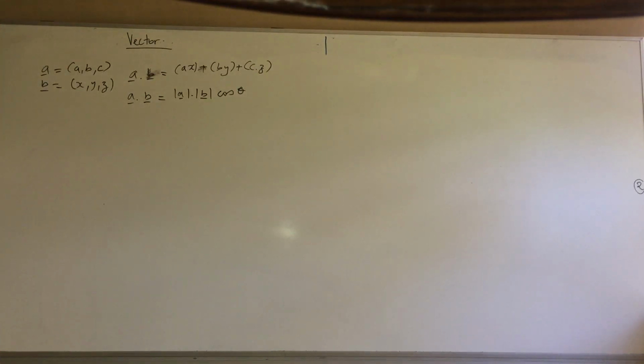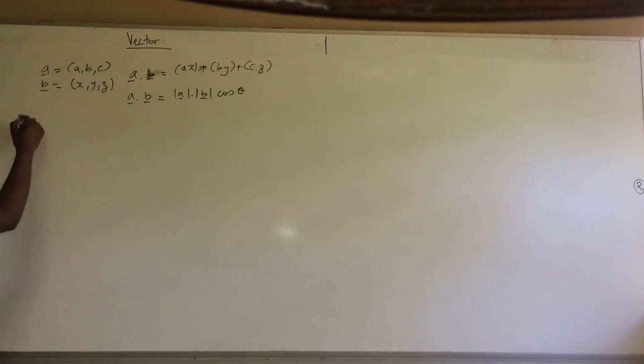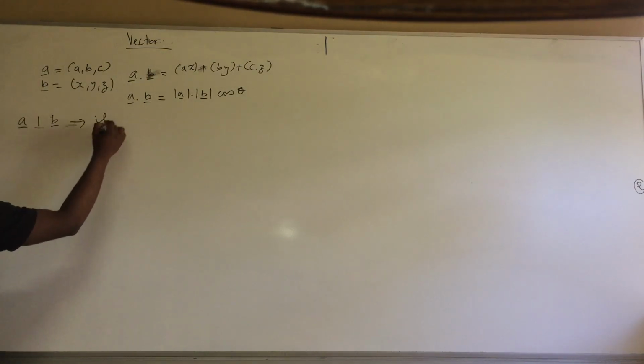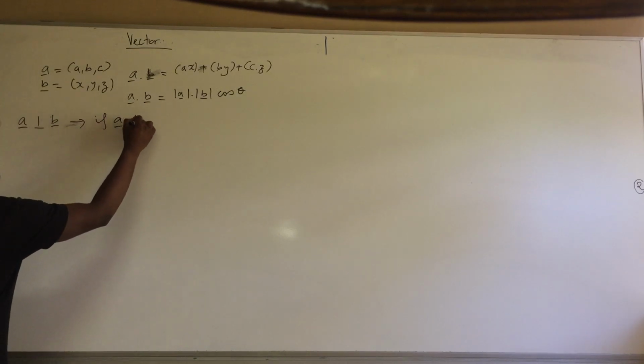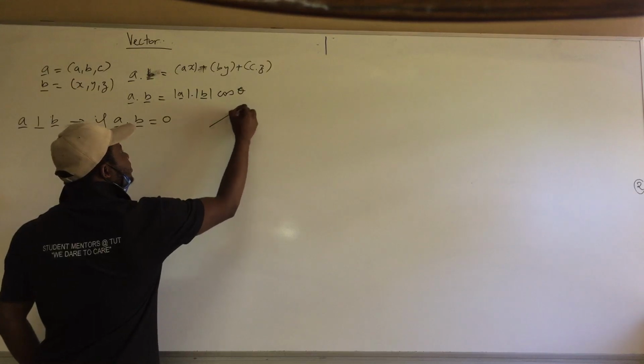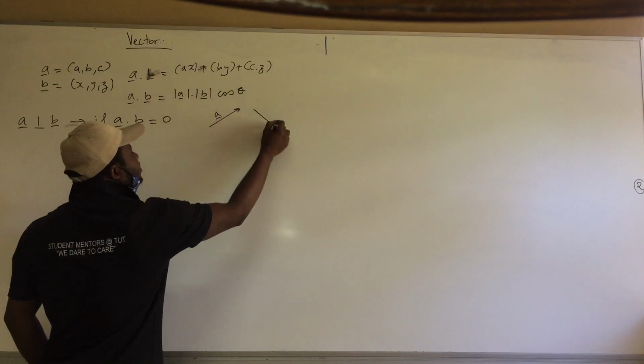Now, there's another property that says vector A is perpendicular to vector B if A dot B equals 0. This is vector A, and then I have vector B, for instance.